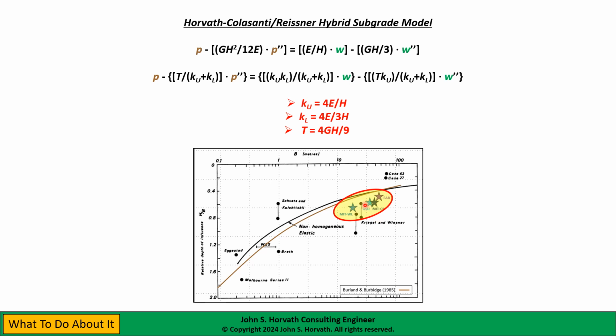a building on the Georgia State University campus, and a bank building in Virginia. So we've actually used this in practice on 4 mat foundations where there have been measured settlements, and our calculated results compare very favorably with the measured results.